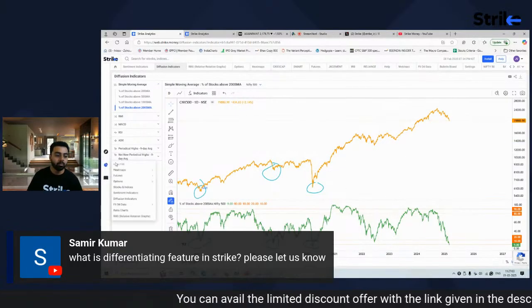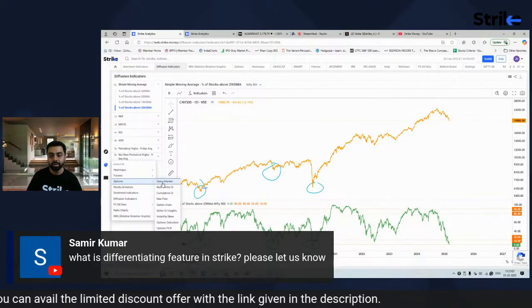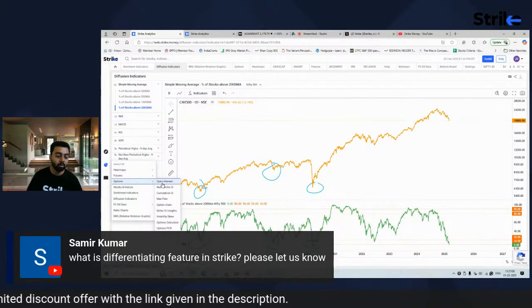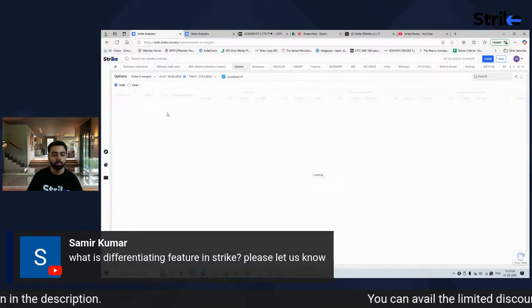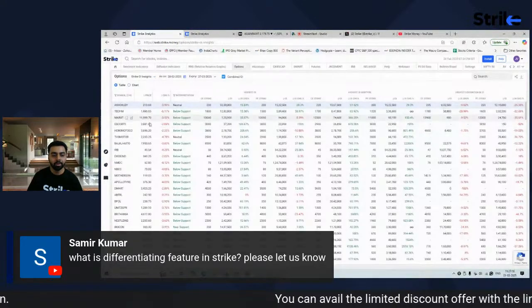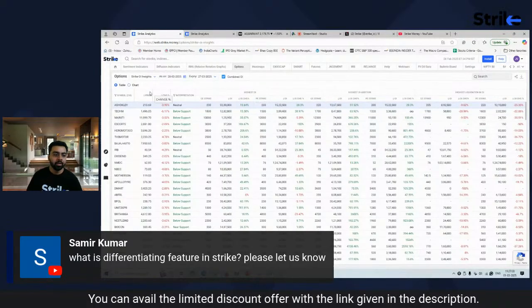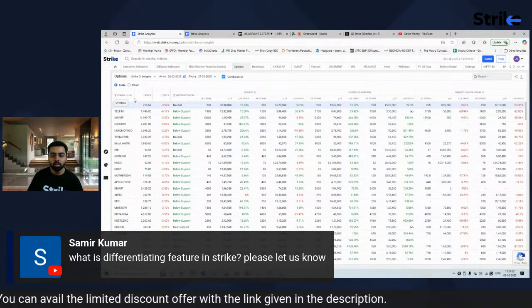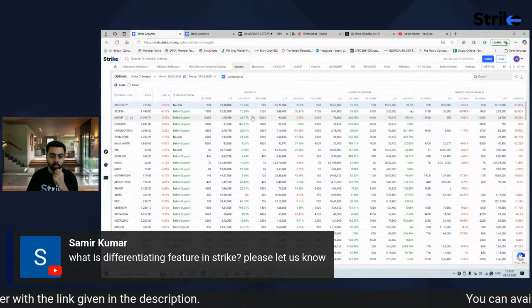Apart from that, we have catered to almost every segment of traders or investors. If you want short-term or very near-term analysis, Strike Insights will help you a lot, because it gives a view of all the F&O stocks, where they are with respect to the open interest.